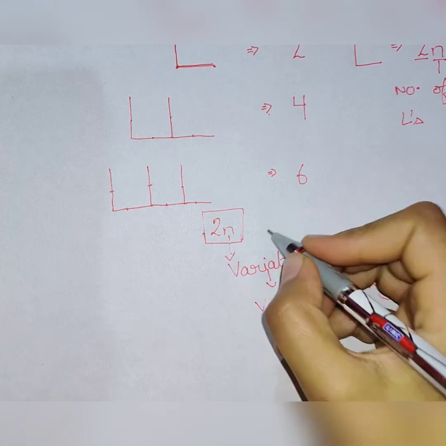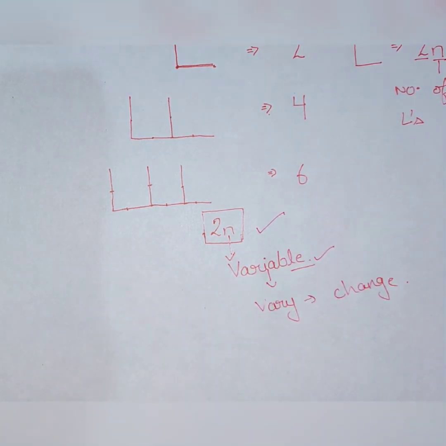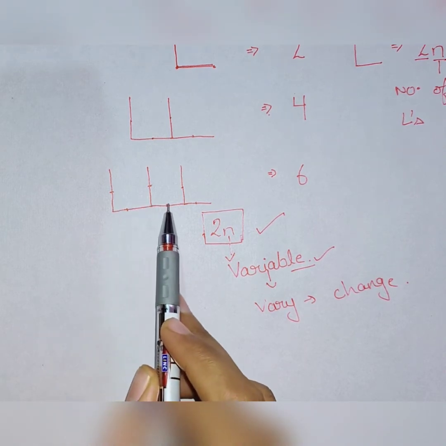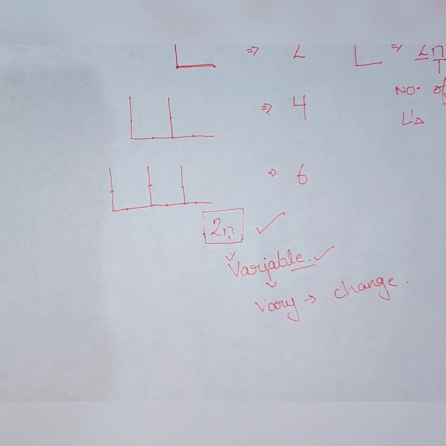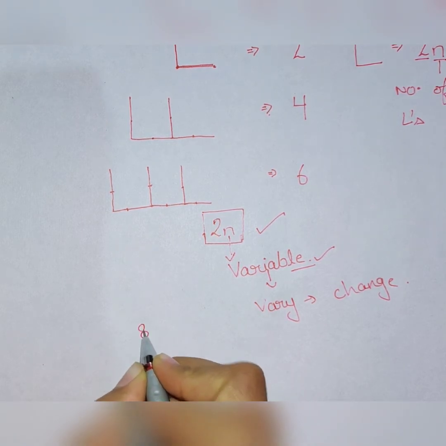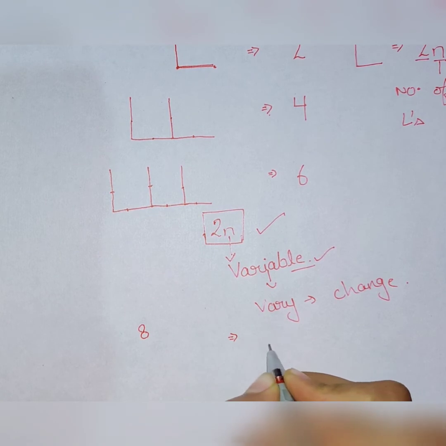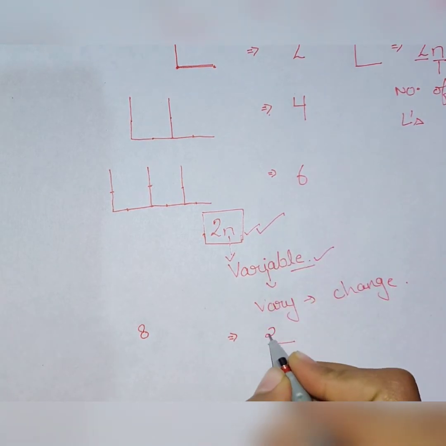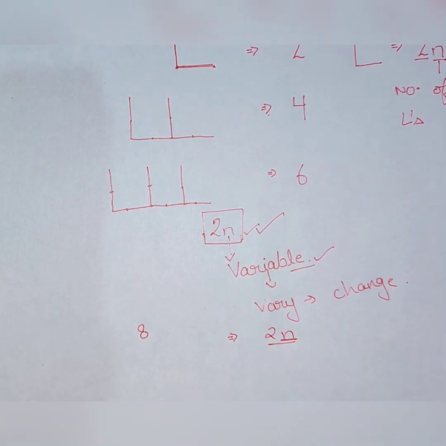Let's check this formula for more number of L's. Here the number of L's formed is 3. What if the number of L's formed is 8? How will you find the number of matchsticks used? We have the formula for this, that is 2n, where n is the number of L's.